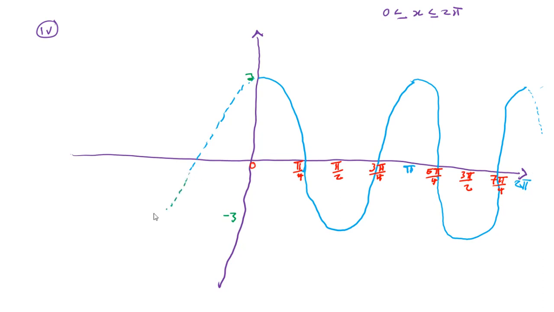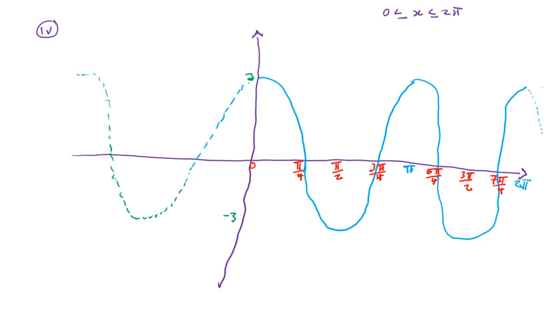Then we have this other one here. Remember, this graph is going like that. You can pick it up like that. So since this graph is going like that, remember there is negative pi over 2.